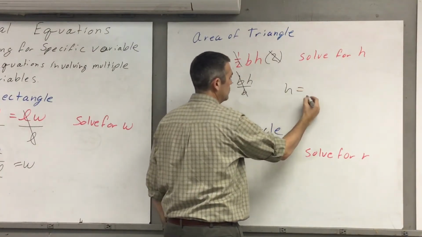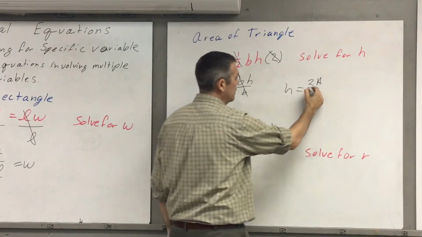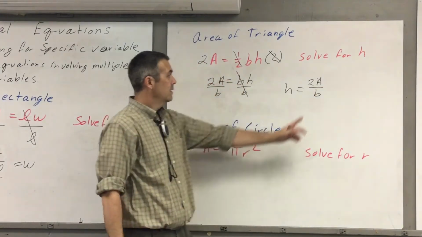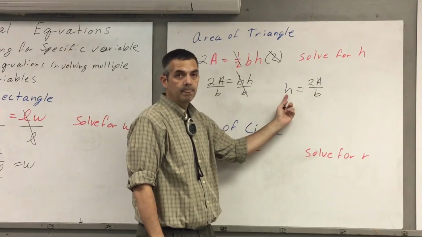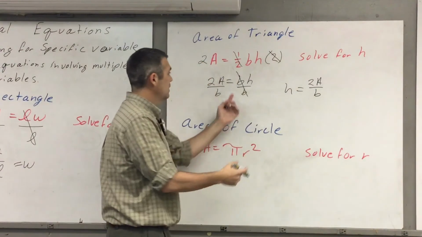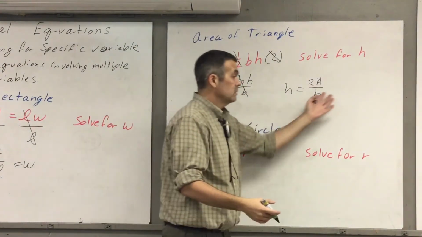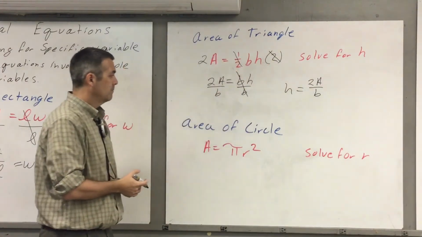H equals 2 times the area divided by the base. So if I had the area and the base, I could find my height. We could have done this the other way and solved for B. It just depends on what you're looking for. They said H, so that's what we solved for.